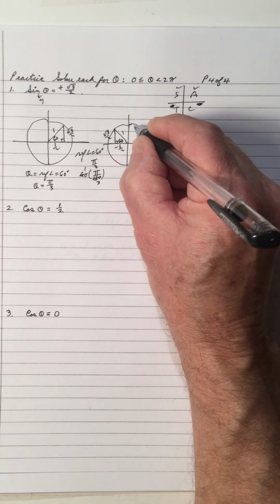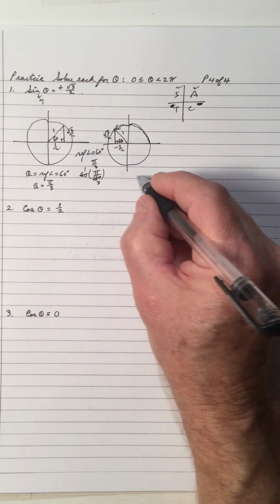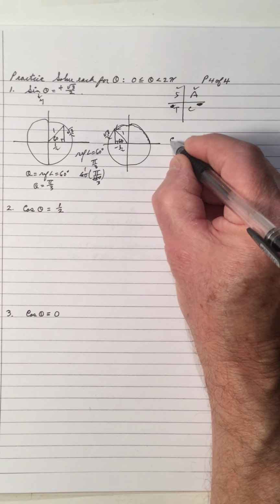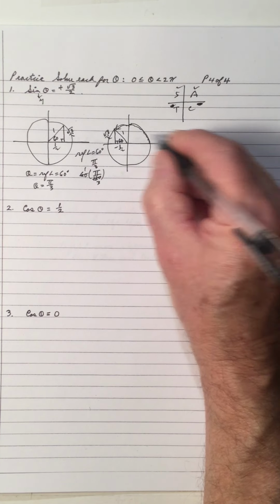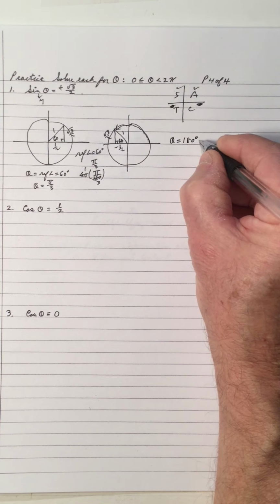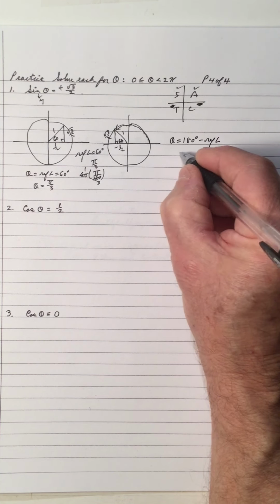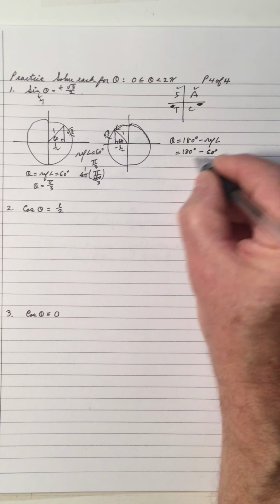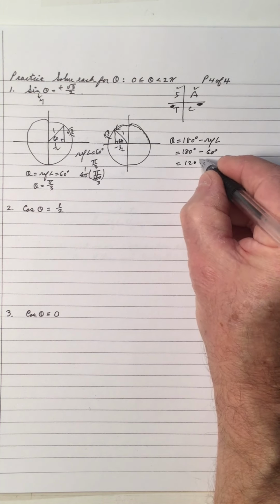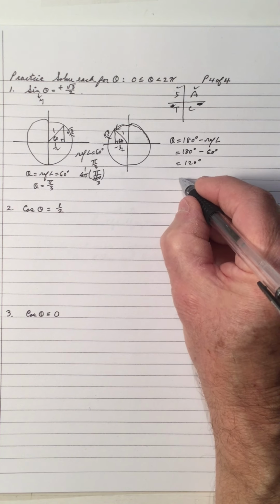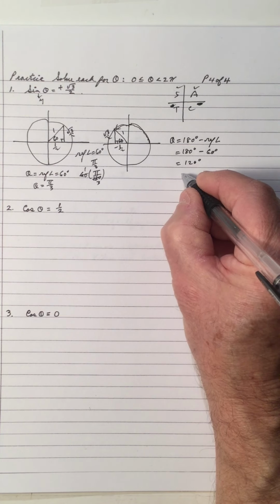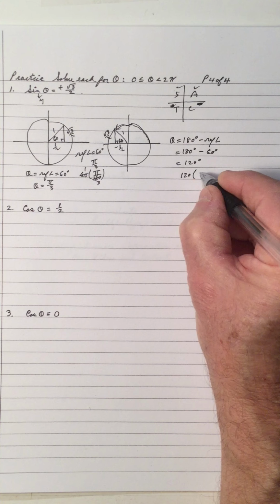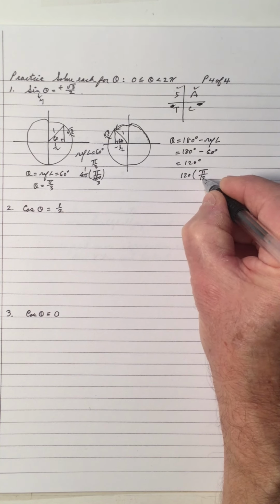And in the second quadrant, we rotate. There's theta. So theta here is 180 minus the reference angle, 180 minus the 60. So that's 120 degrees. And 120 degrees is 120 times pi over 180.